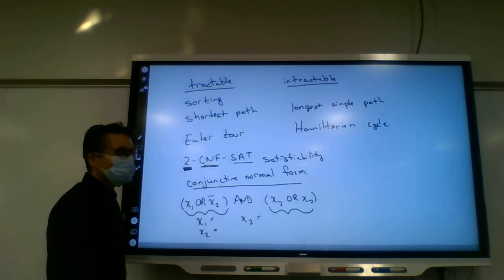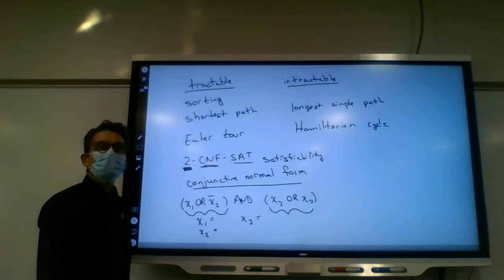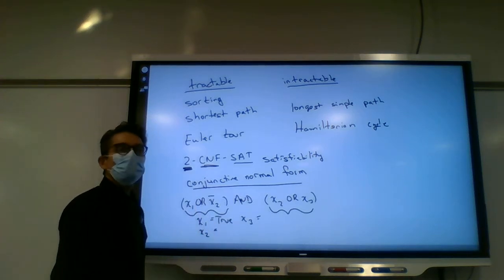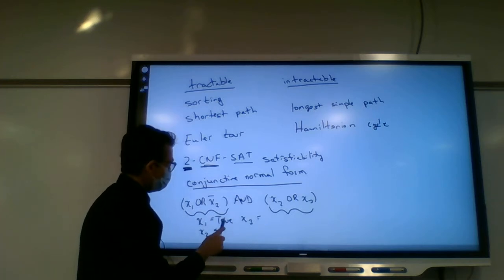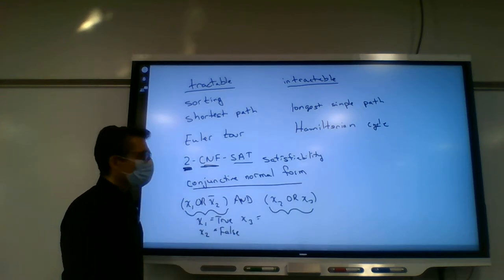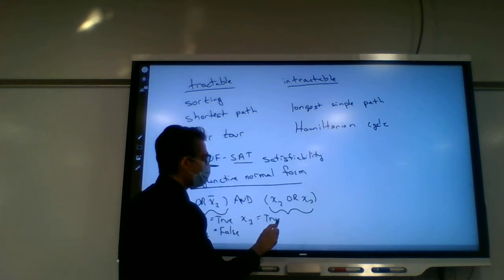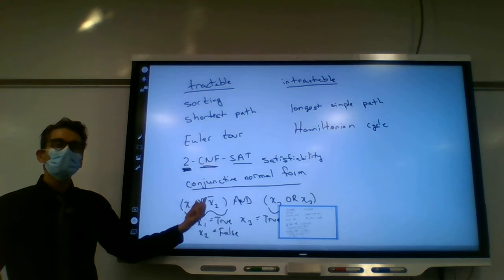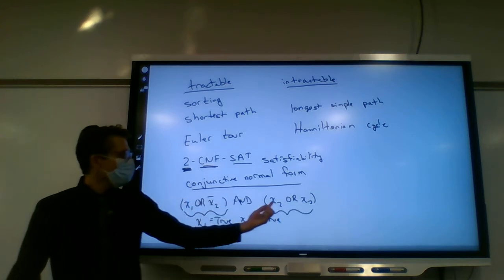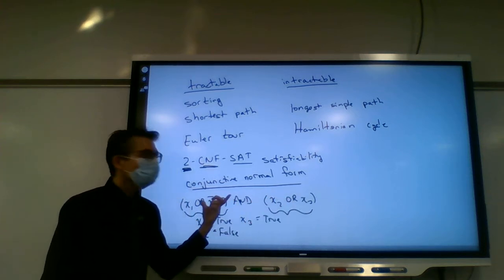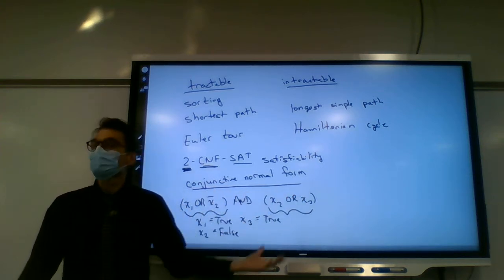We could make x1 true. x2, we could make false if we like. If we make x2 false, what do we have to make x3? x3 would have to be true. So what happens? This clause is true because x1 is true. This clause is true because x2 is false and x3 is true. And so the whole thing is true.